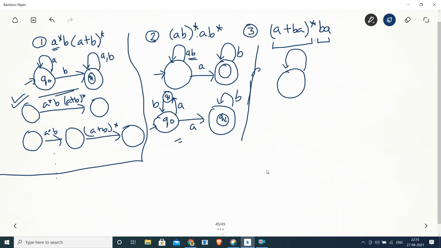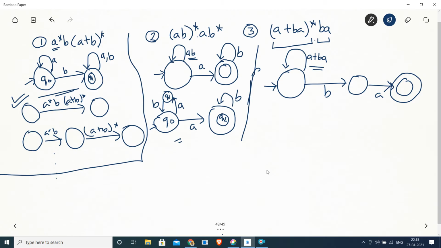So we make a loop and we write the complete expression without worrying that this thing has to come on a loop. Then it is a concatenation of BA. So first a B comes, then A comes, and we reach the final state. Very simple. This is the initial state. Now this is the thing which has to be solved. Rest all the things have been solved.